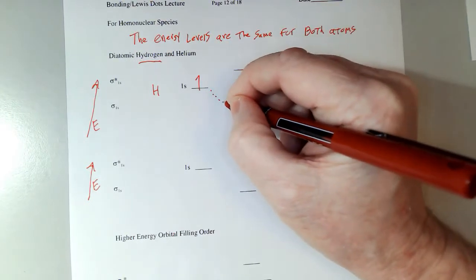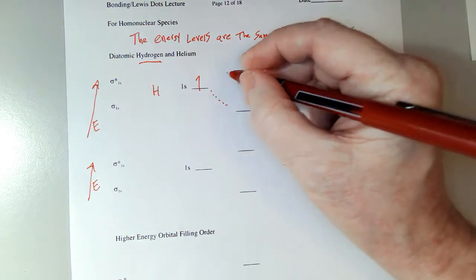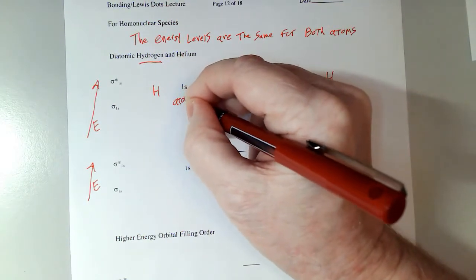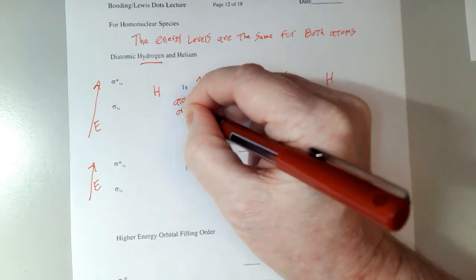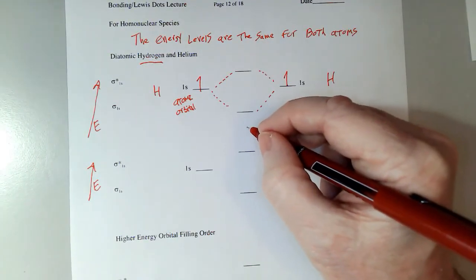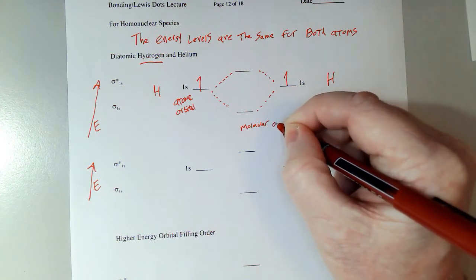And since a molecule is forming, molecular orbitals are forming. And out here we have the atomic orbital, which is on the free atom. And in the middle we have the molecular orbital.